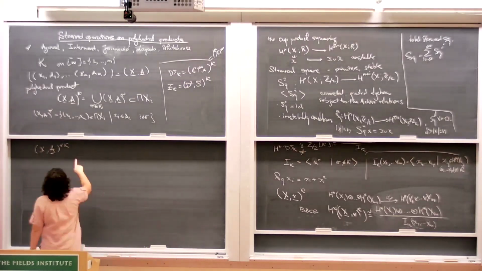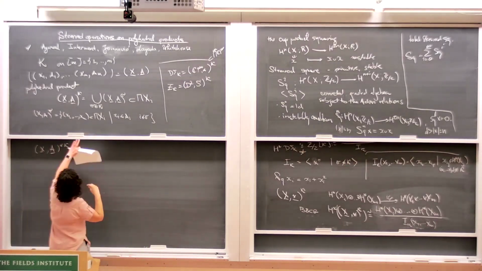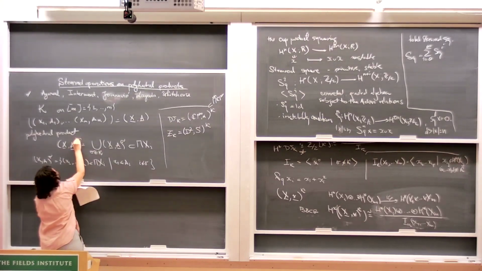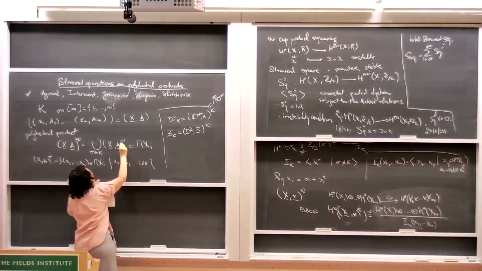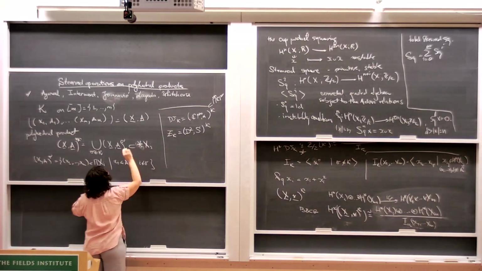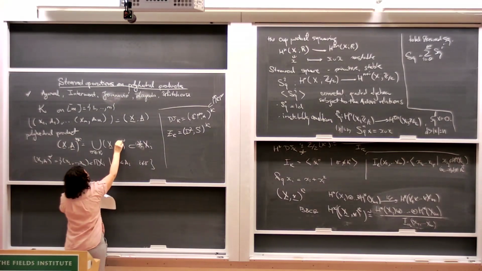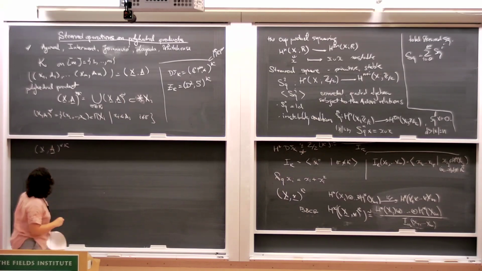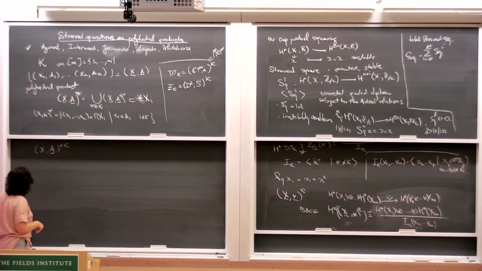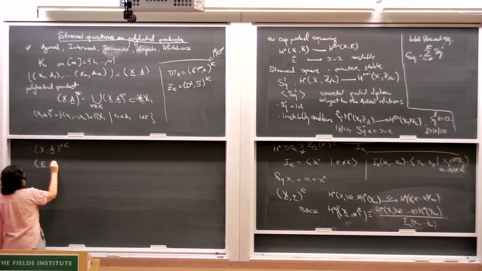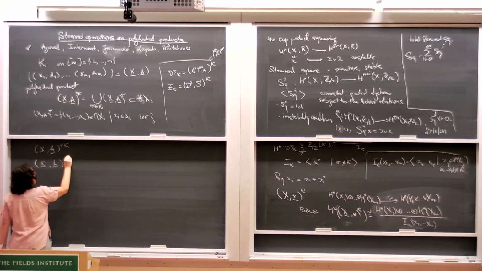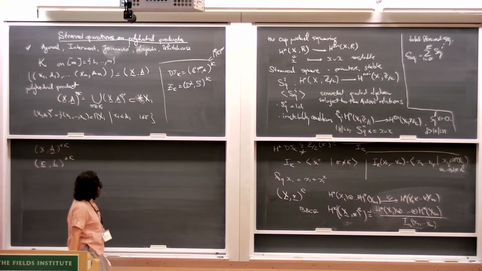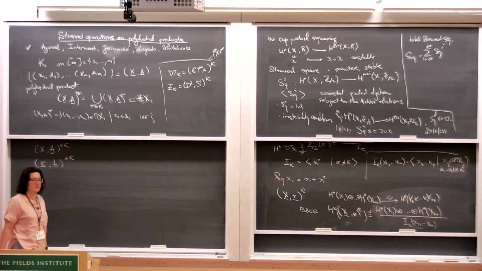The definition is the same as here, except that if I want the join, I put the join here, and I put the join here, and this is also a kind of join. The advantage of looking at a join is that if you now take a sequence of simplicial pairs, say K, then this polyhedral join product will also be a simplicial complex.